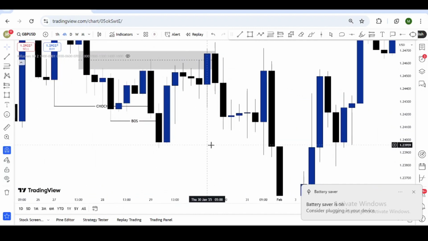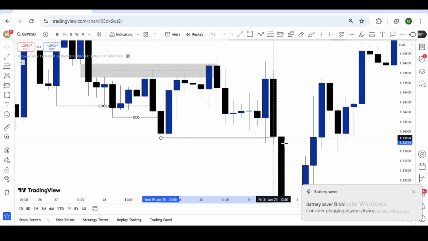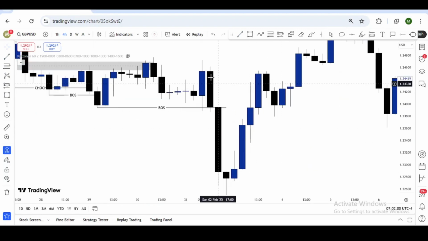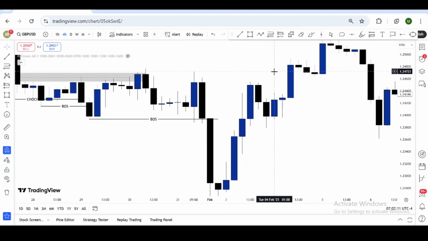We are going to map out the break of structure like this and label it break of structure. We have from here to here, and we have a fair value gap here. Price does not respect the fair value gap, pushes all the way and changes its direction around this point.